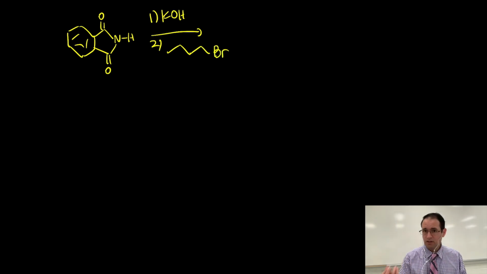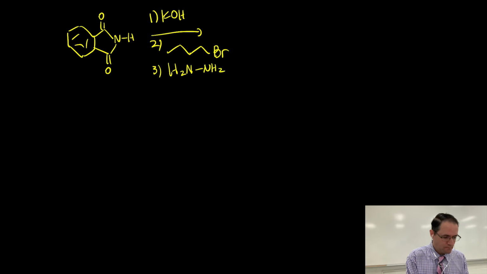That made the nucleophile. Step 2, we added our alkyl halide. Remember, primary and secondary are good for SN2. And then step 3, we want to add hydrazine to this.